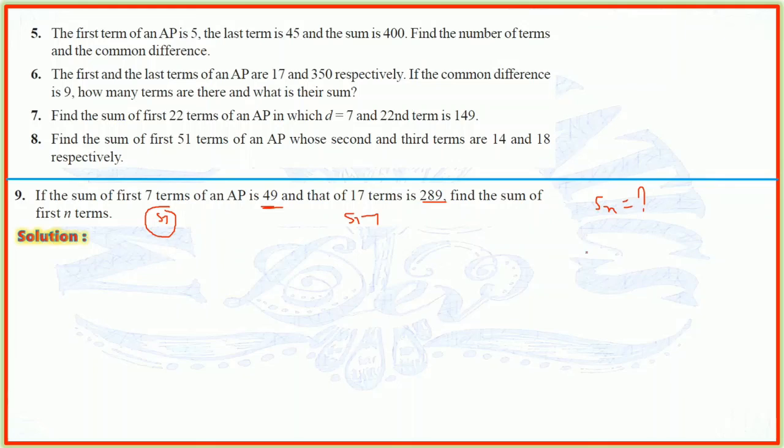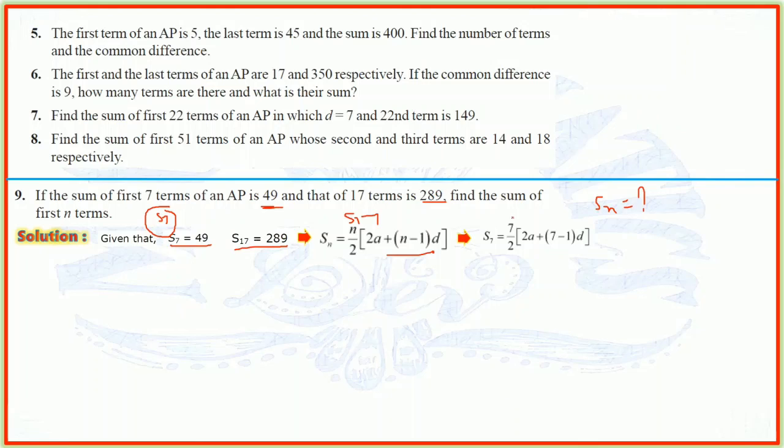Before that we should have the given values. Given S7, sum of 7 terms is 49, and S17 is 289. So we'll use the formula Sn is equal to n by 2 into 2a plus n minus 1 into d, and in these two cases we'll put the respective values.